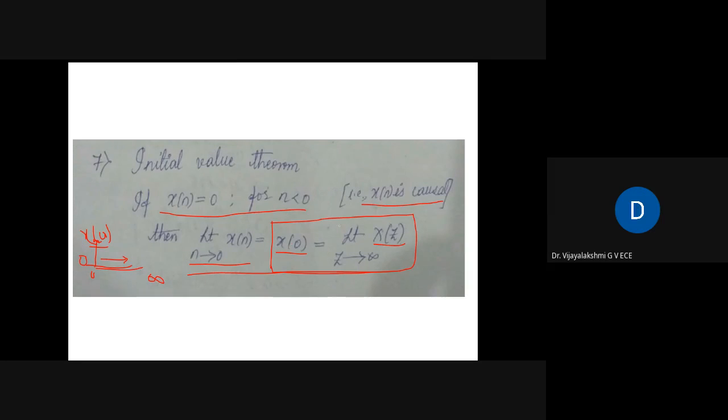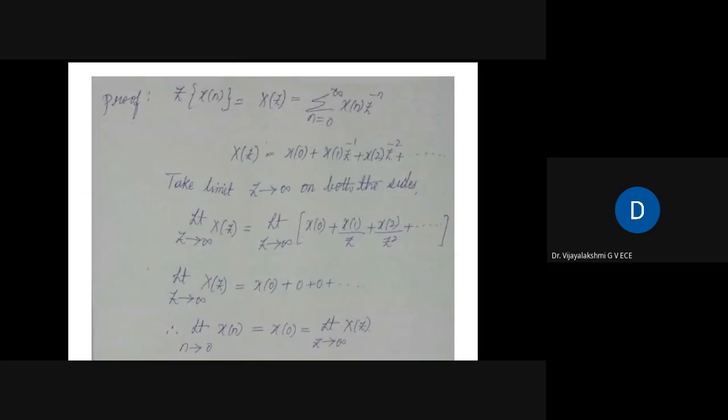So let us see the proof for it. So I have here the Z transform of x of n. Now you have to keep in mind that our x of n is a causal signal. It is not defined on the left hand side. It is defined only on the right hand side. So the Z transform of x of n is x of z.